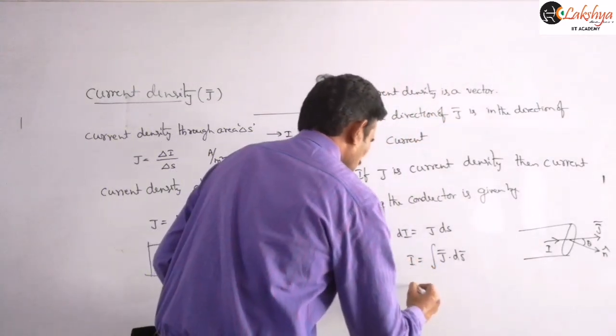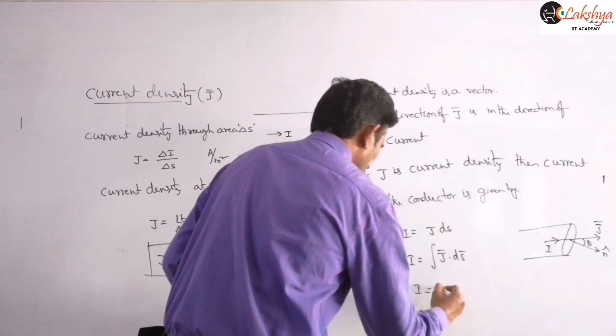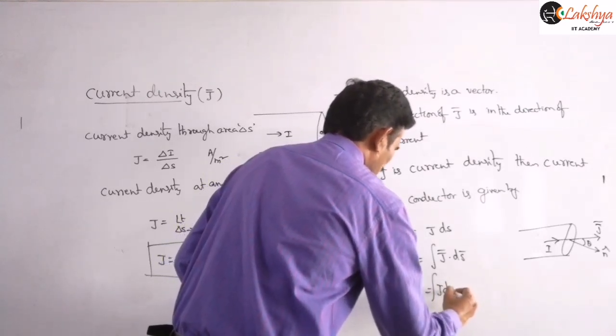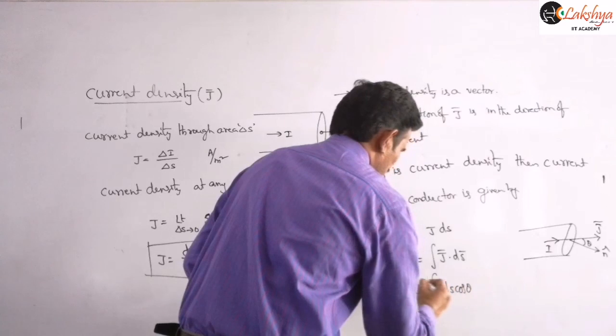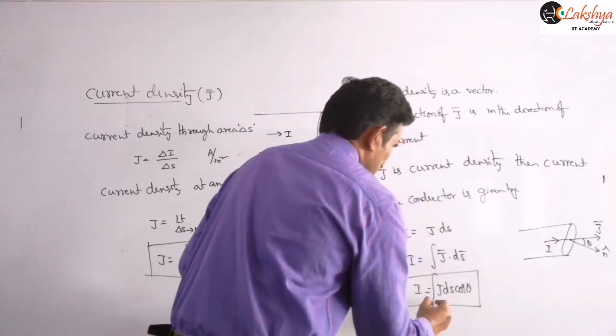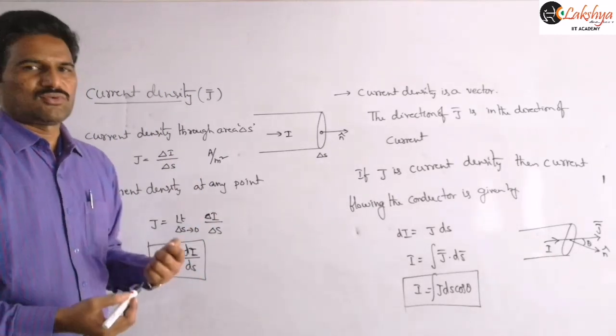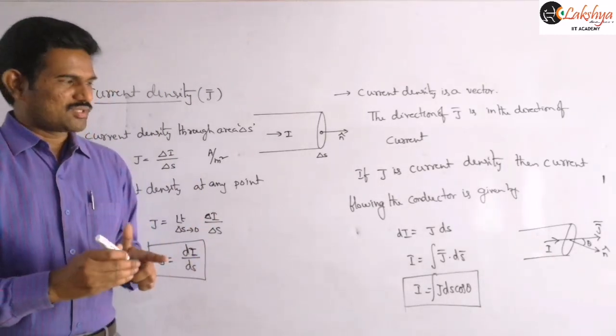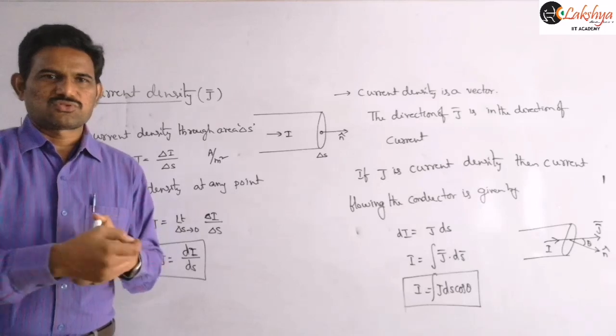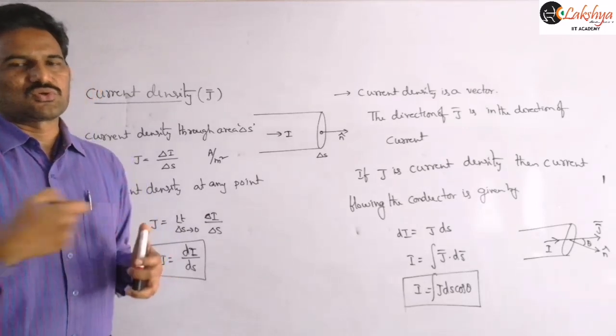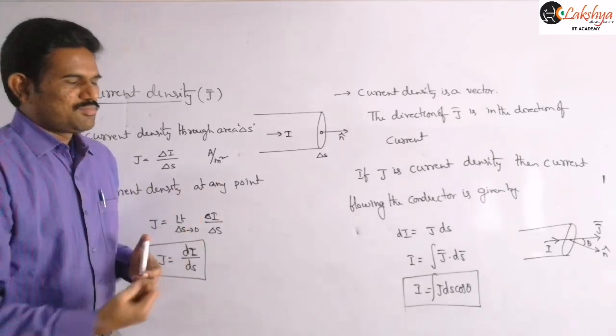So in that case what we will write is the integral of j into ds into cos theta, if there exists any such angle theta, and limits accordingly, whatever area we want to calculate. Like suppose if it is a cross section of radius 0 to r, then you can take the limits from 0 to r.